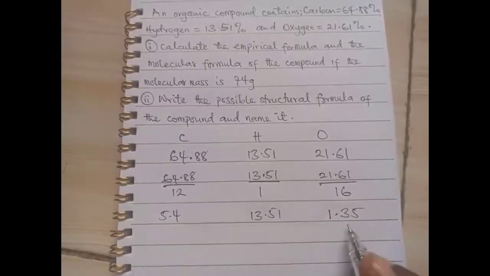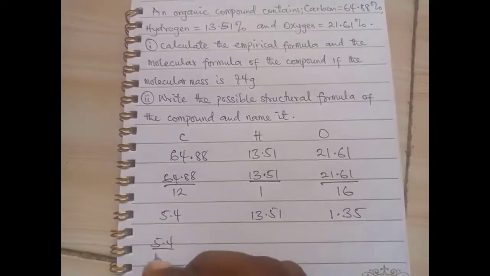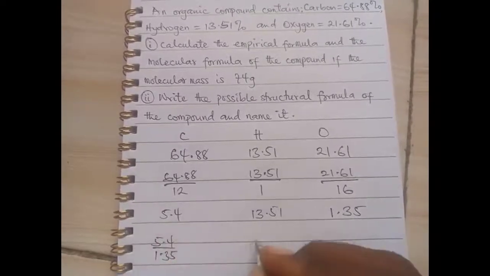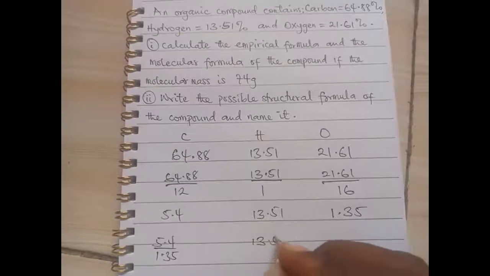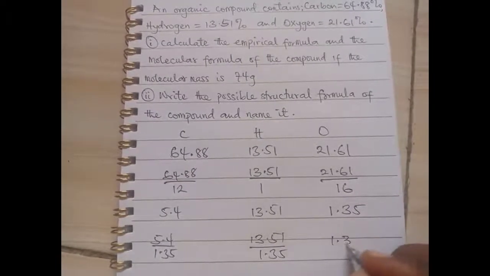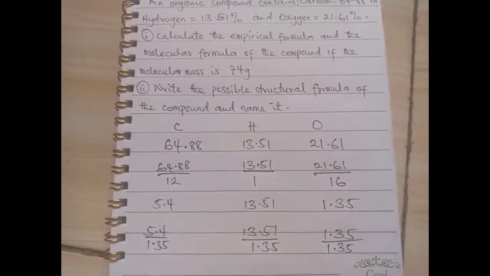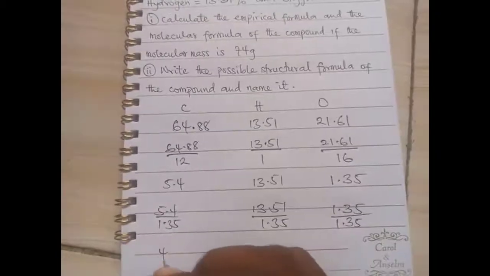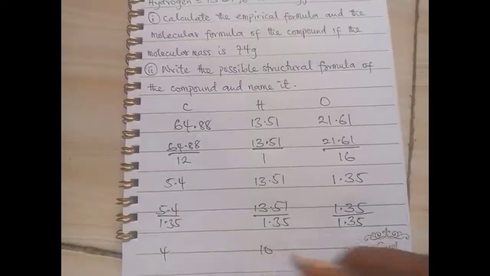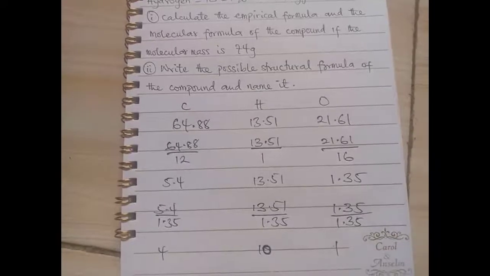The smallest is 1.35, so we say 5.4 over 1.35, 13.51 over 1.35, 1.35 over 1.35. Here we'll get 4, here we get 10, here we'll still get 1.